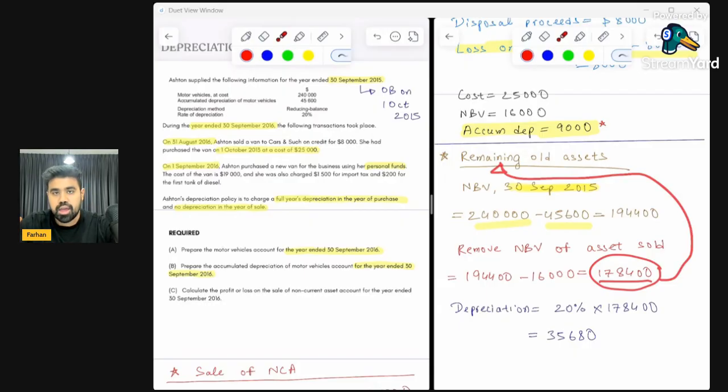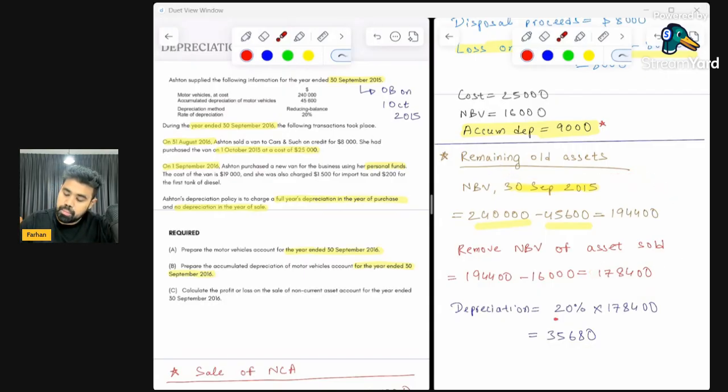Okay? Now, we are depreciating at 20% per annum using the reducing balance method. So now we will depreciate this remaining net book value for all old assets by multiplying 20% with the net book value, because obviously we're using the reducing balance method. So 20% multiplied by 178,400 would give us 35,680. All right.